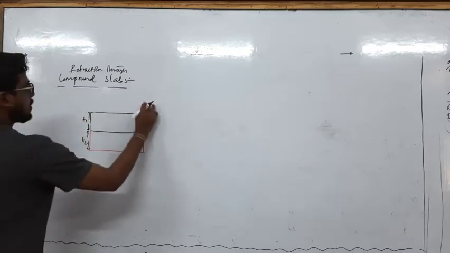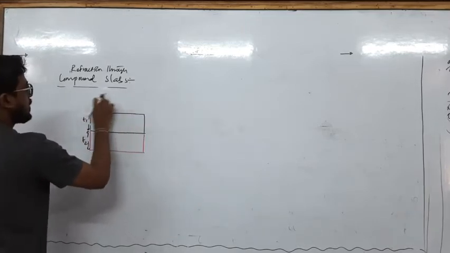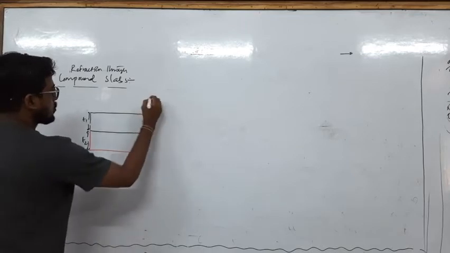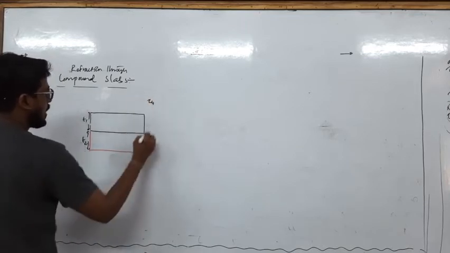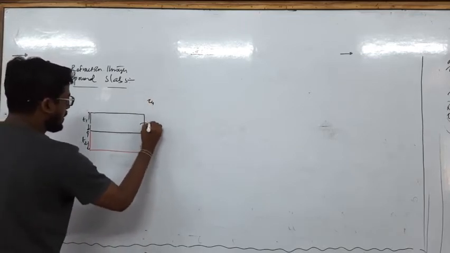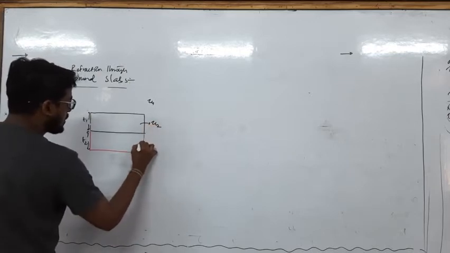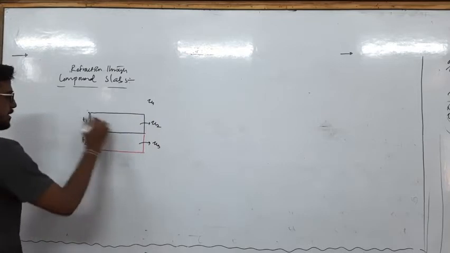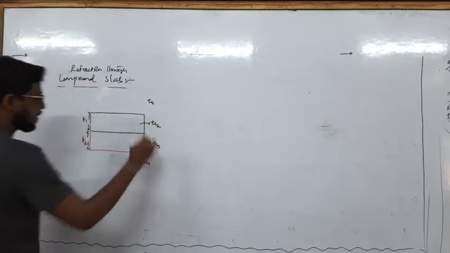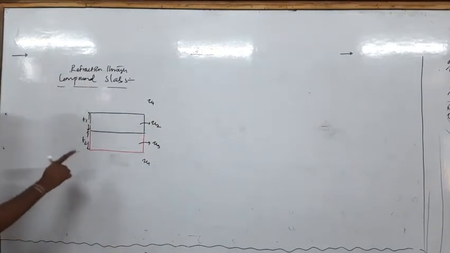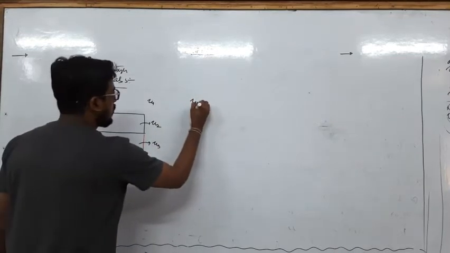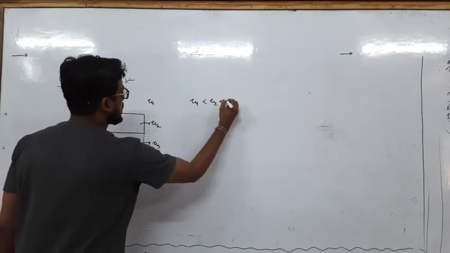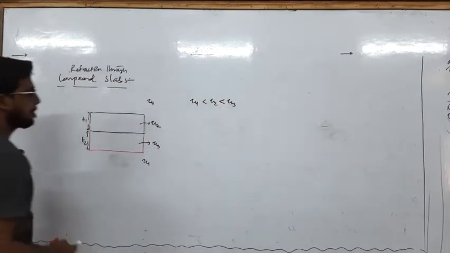The refractive index of the surrounding of the two slabs is mu1, this slab has refractive index mu2, and this slab has refractive index mu3. As the surrounding is the same, this side also has refractive index mu1. Here mu1 is less than mu2, which is less than mu3.